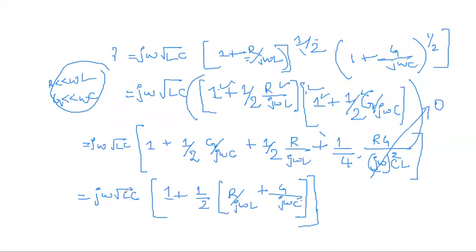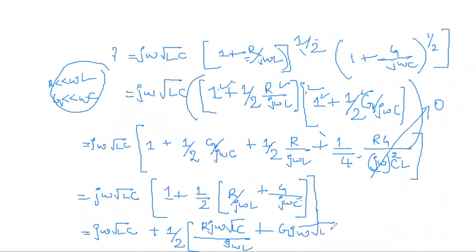Now to this, multiply this equation inside. So the first term, 1 into this, will be 1 plus half into R j omega root LC divided by j omega L. Similarly, G j omega root LC divided by j omega C. Simplify that.